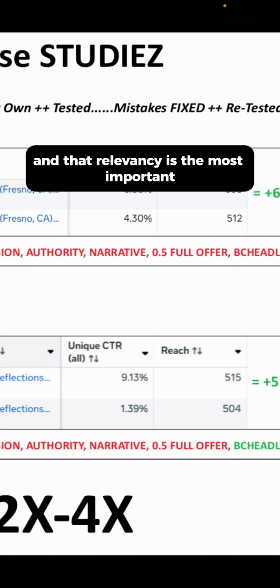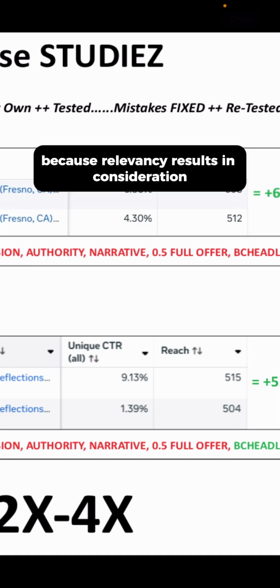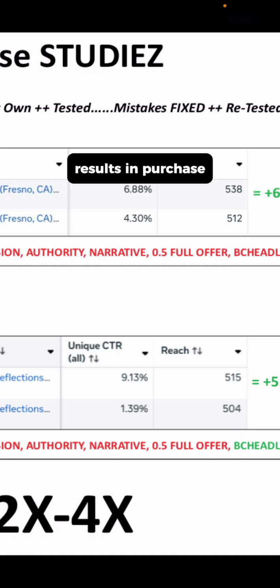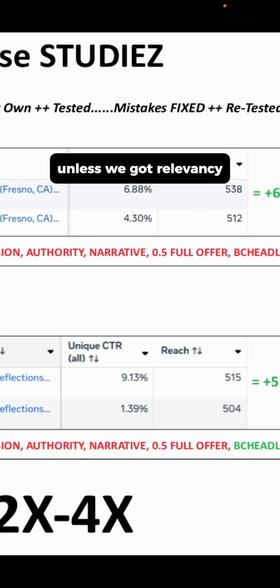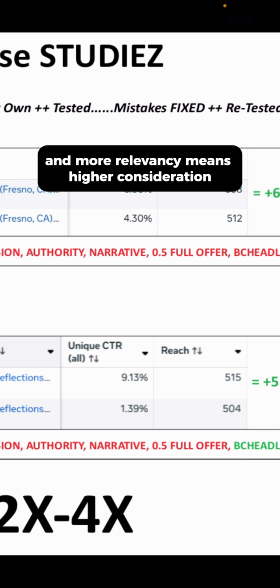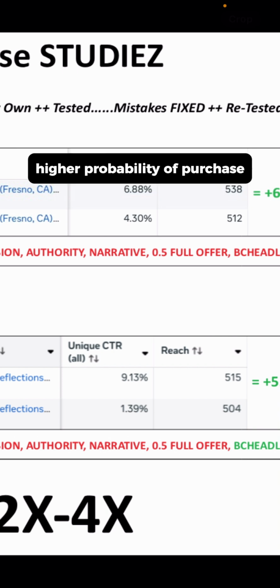And that relevancy is the most important because relevancy results in consideration, results in purchase. Consideration and purchase don't happen unless we've got relevancy, and more relevancy means higher consideration, higher probability of purchase.